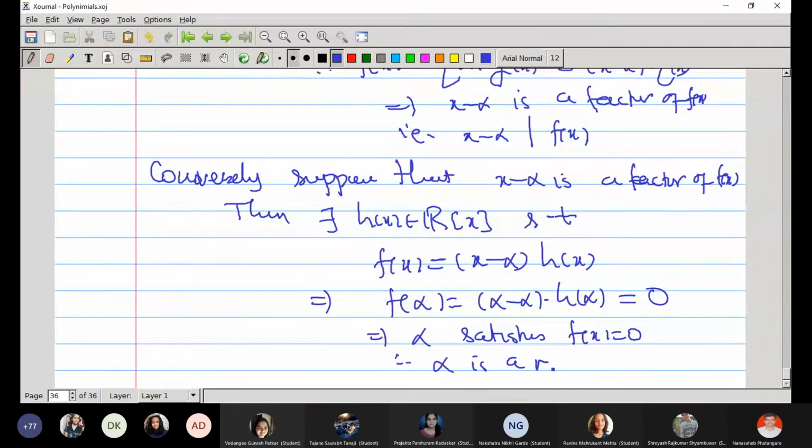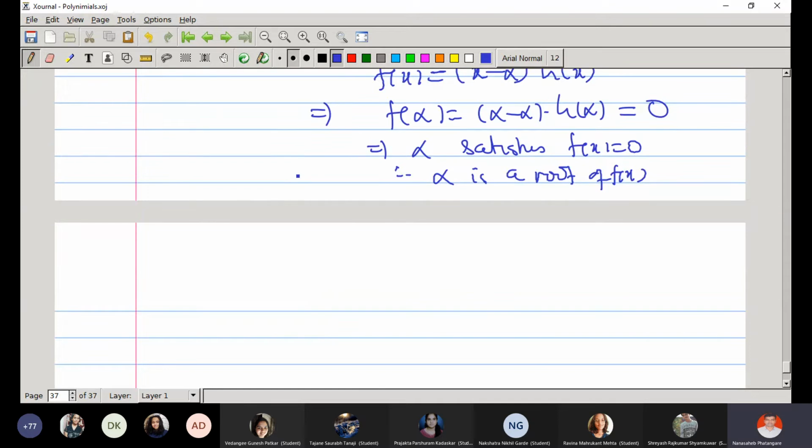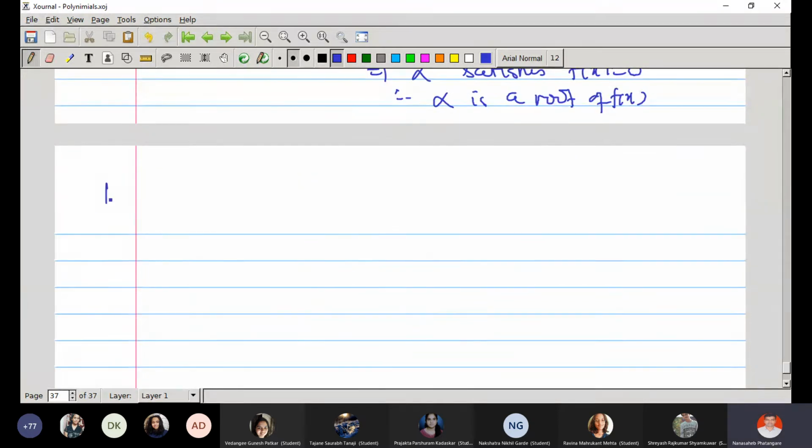Now we can use this idea to check whether some number is a root of some polynomial or not. Take the polynomial f of x equal to 3x raised to 4 minus x cube plus x square plus 2.